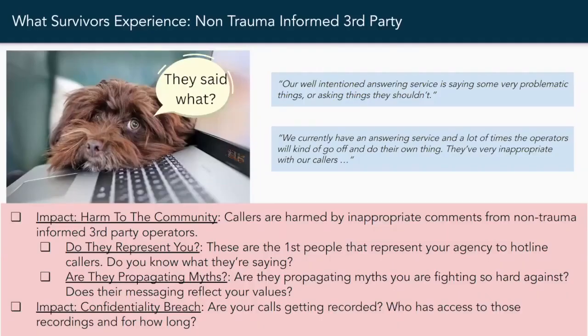Many of the organizations that we've talked with have ways to answer the hotline that involve somebody who's not one of their advocates answering first, being the first person a survivor speaks with when they reach out to that organization. We've heard from some agencies that not having that first person be one of their own advocates can lead to some difficulties.